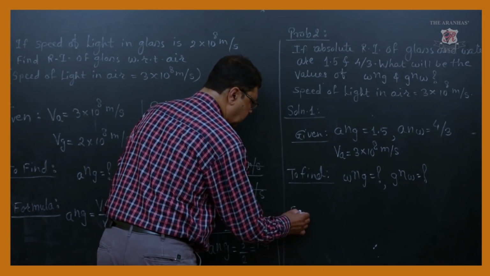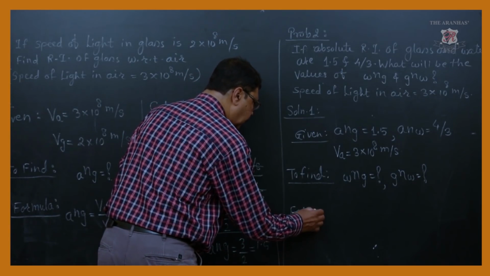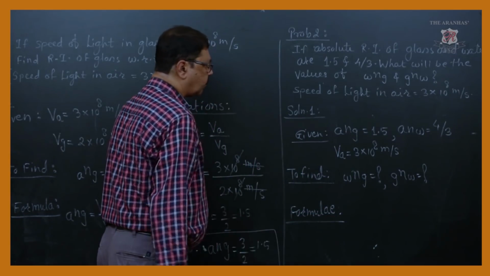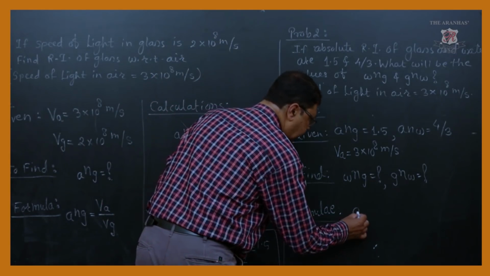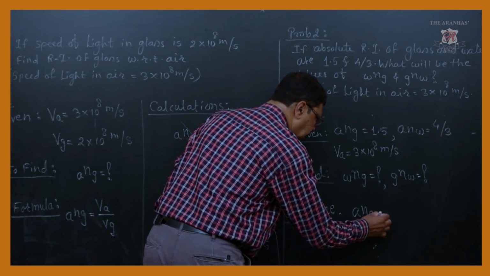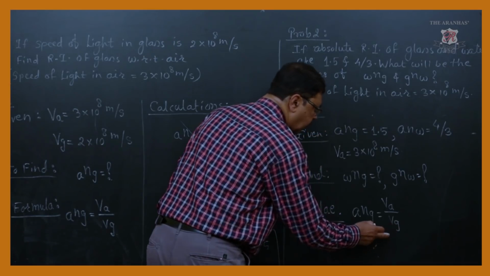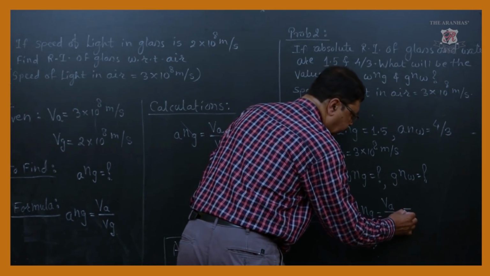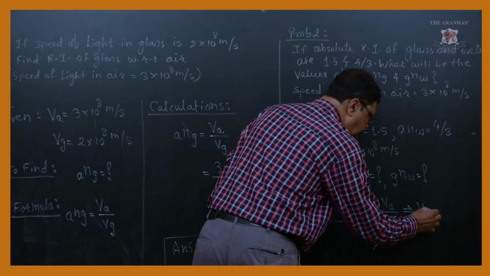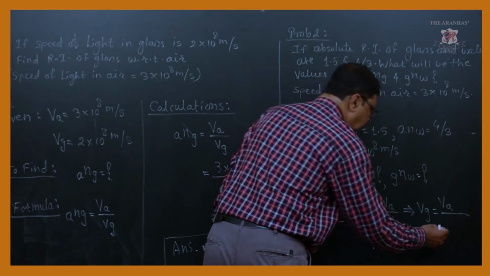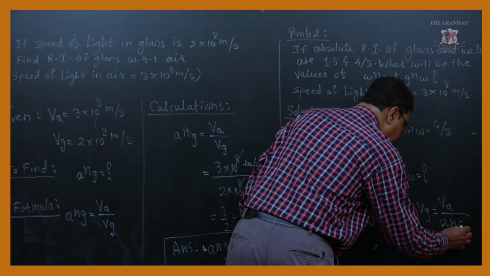Formulae. Now there will be many formulae needed, so I am just writing the formulae. The first formula is for a_n_g, that is Va upon Vg. From this I will generate a formula Vg equal to Va upon a_n_g.